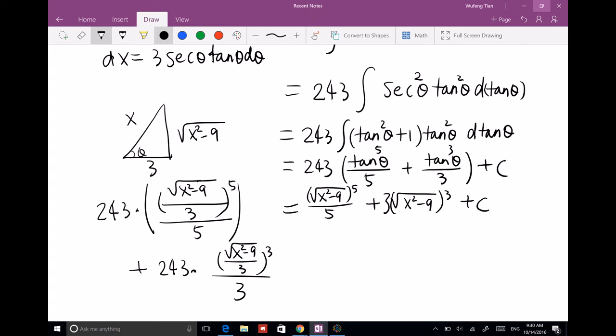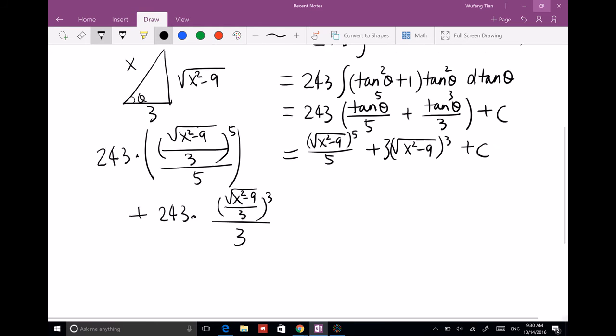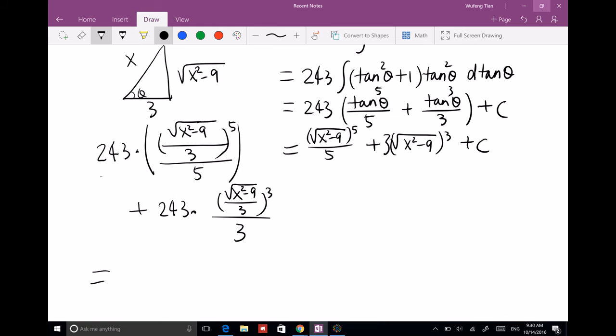Yes. Okay. Then what you got is 243. This is 3 to the power 5. You cancel it out actually because 243 multiplied by that is on the top, right? You multiply that, it is 243 times square root of x squared minus 9 to the power 5 over 3 to the power 5.